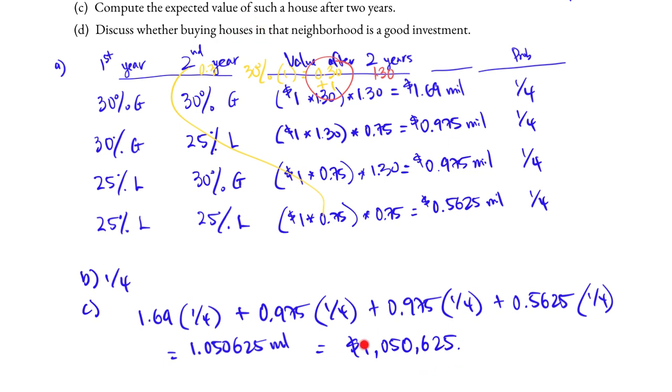After 2 years, each of them would expect to earn $50,625 on their 1 million investment. But again, only with a large number of investments, and that is what the expected value is saying.